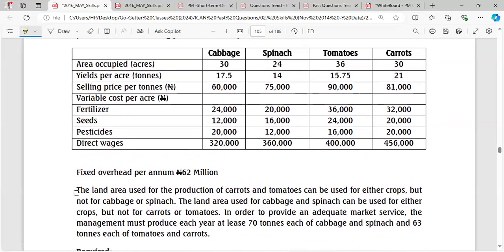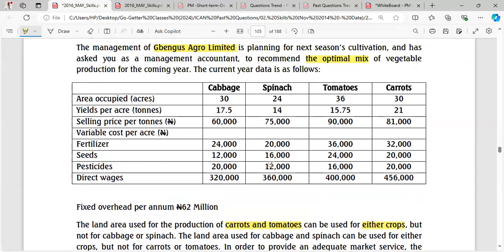Now we are told something here. The land area used for the production of carrots and tomatoes can be used for either crop, but not for cabbage or spinach. What it means is that we'll divide this into 2, like a piece of land.